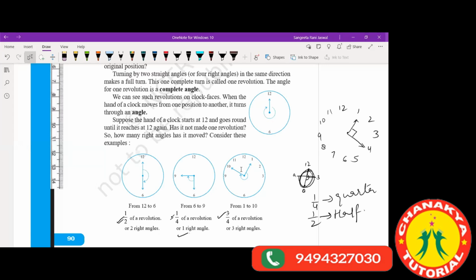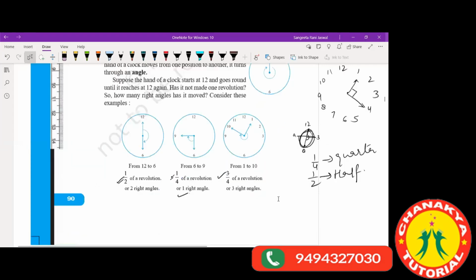Very good. And an angle which is greater than 180 and less than 360, what angle is that called? Reflex angle. Very nice. And a complete angle is how much? 360 degrees. Very good.